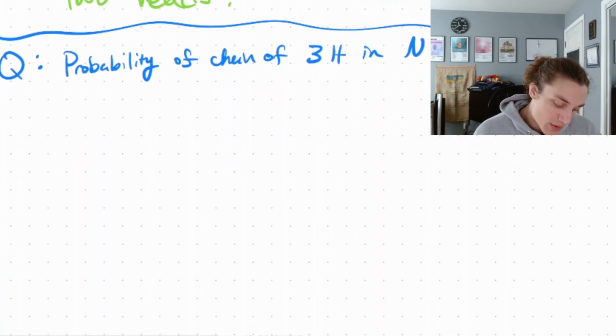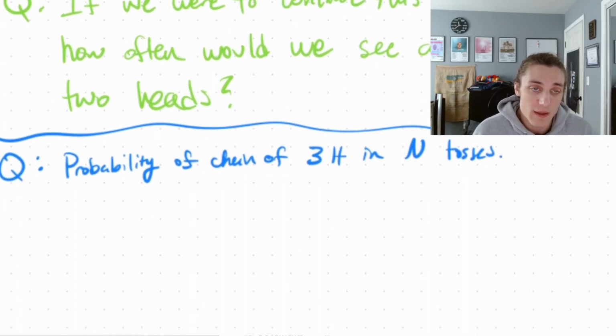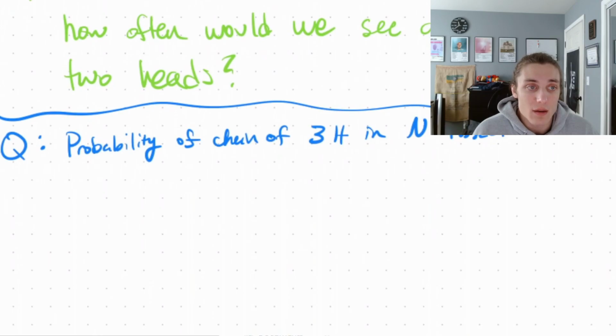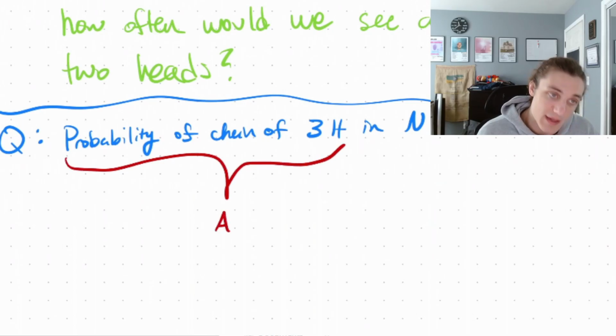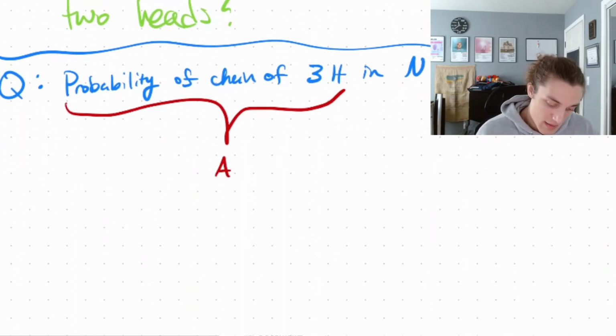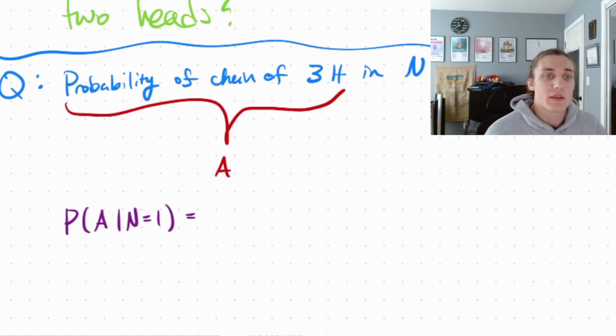Okay. So what is the probability of a chain of 3 heads in n tosses? That is the question we're trying to tackle. Right out the gate, we can see that if we fix n to be some value, then maybe we can get a better grasp on what's going on here. Let's call the event of getting a chain of 3 heads event A. And the probability of event A, given n is equal to 1, we can find quite easily.